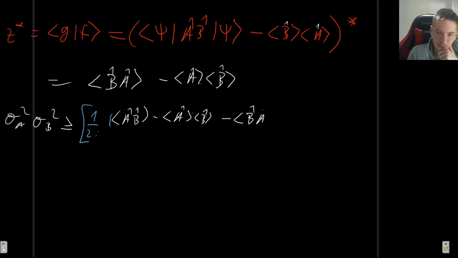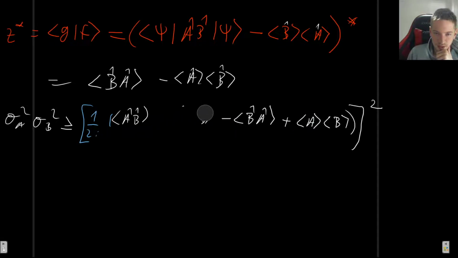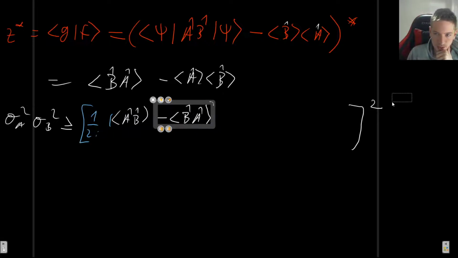Do not flip it here, please. These do not commute, do not make that mistake. This does commute. And here we have minus minus, so we get plus expectation value of A, expectation value of B, and all of this is going to be squared. And here we can see that these two cancel out, and what we are left with is this right here.